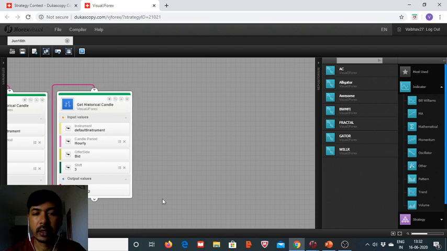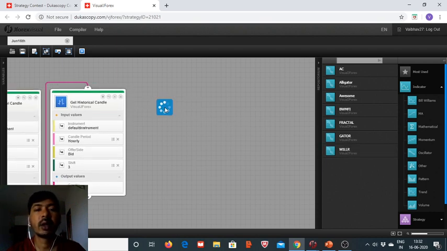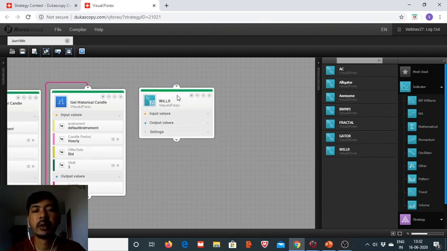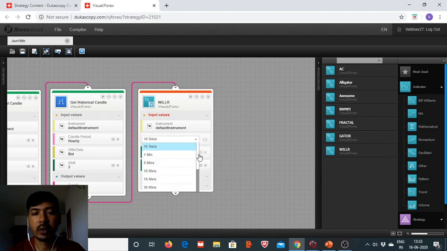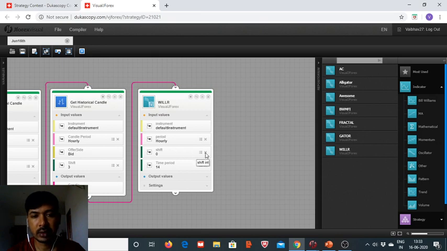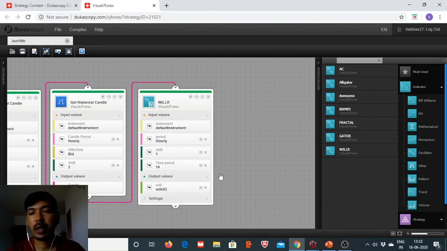So here we get it, Williams R. And here also we will need multiple blocks for the Williams R. Williams percentage R, the time frame is going to be of 1 hour. Shift will be 1. Output value, one more is needed.